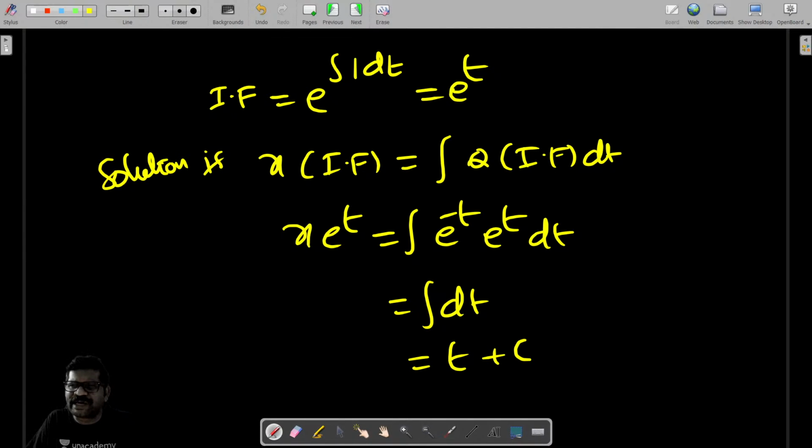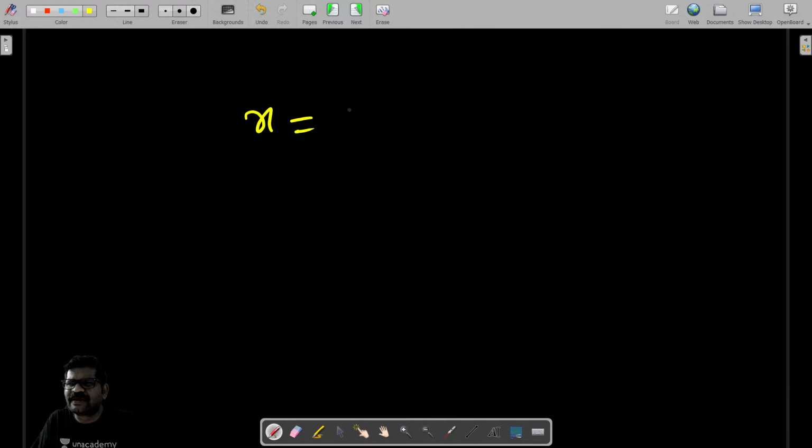From this we can write x is equal to t plus c into e power minus t.